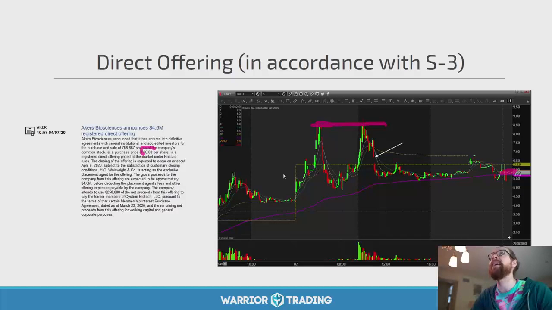It's not a bad secondary offering. So HC right here is acting as exclusive placement agent for the offering. Gross proceeds are expected to be approximately $4.6 million. Company intends to use $250,000 in net proceeds from this offering to pay former member, blah, blah, blah, pursuant to agreement. Anyway, so that's that catalyst there.